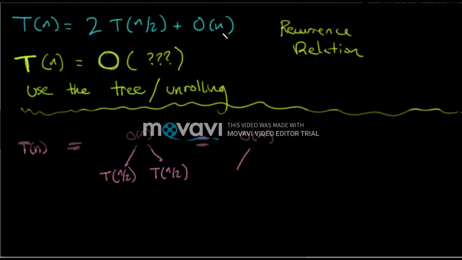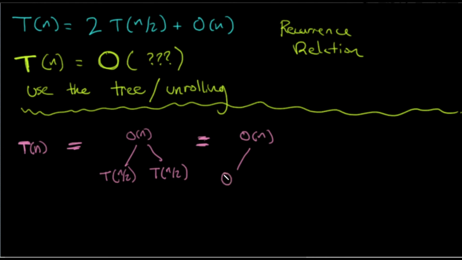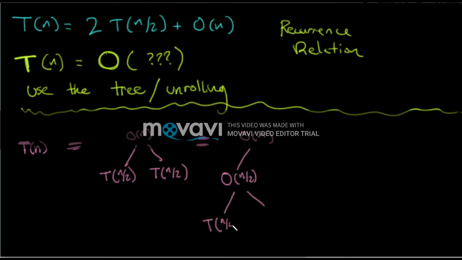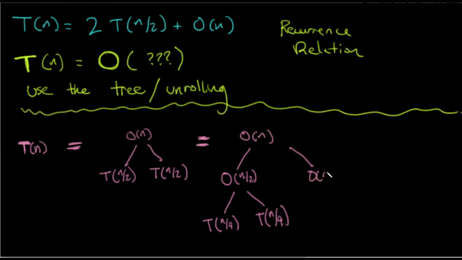And we get O of n over 2 work here, just like we did in the first level, followed by 2 recursive calls on size n over 4. I'm going to unroll this one as well: O of n over 2, T of n over 4, T of n over 4.